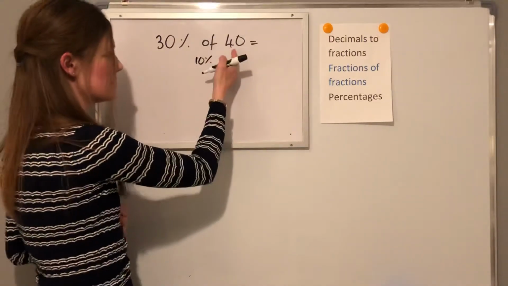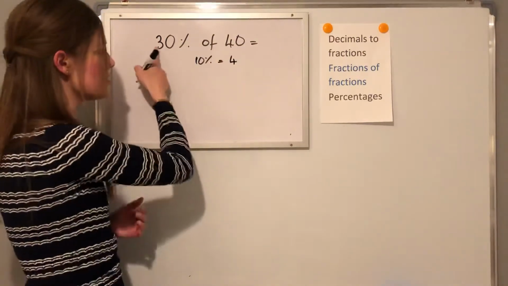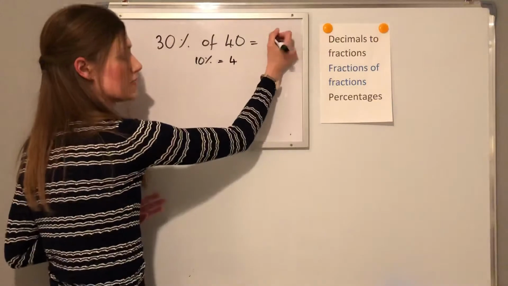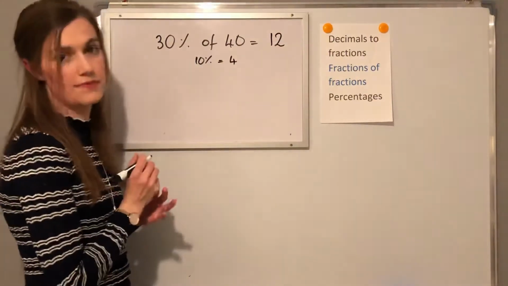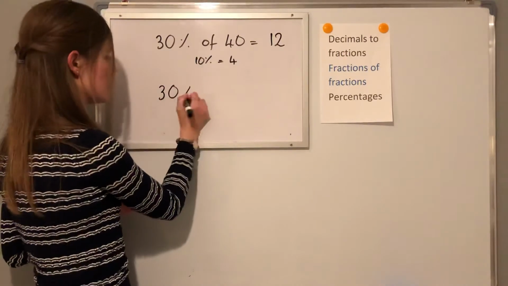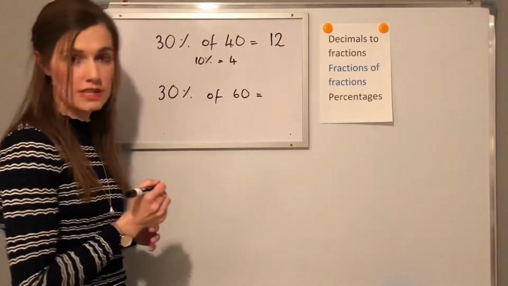So 10% of 40 is 4. So if you want 30%, you want 3 of those, which is 12. Right, let's do another one. 30% of 60. So you first find out 10%.